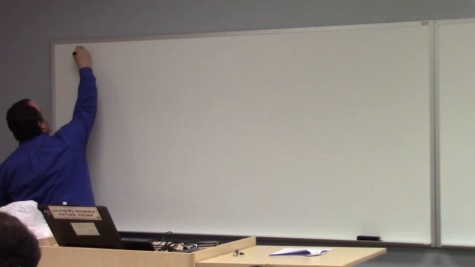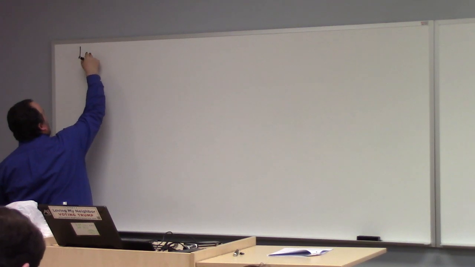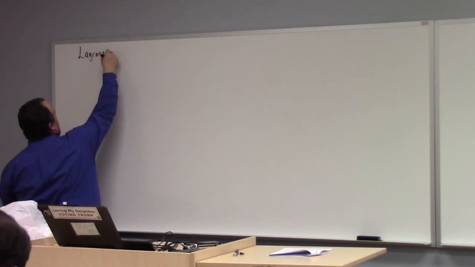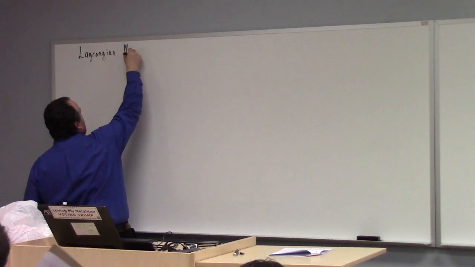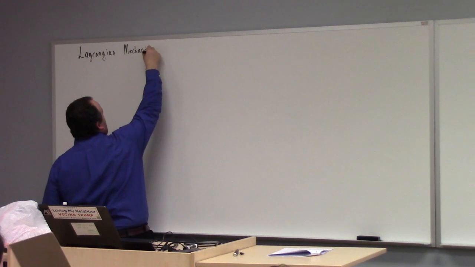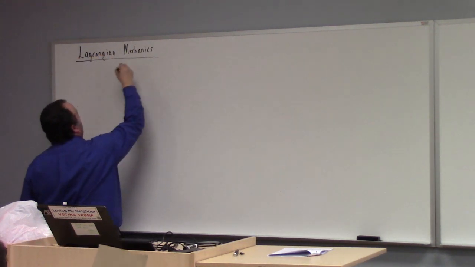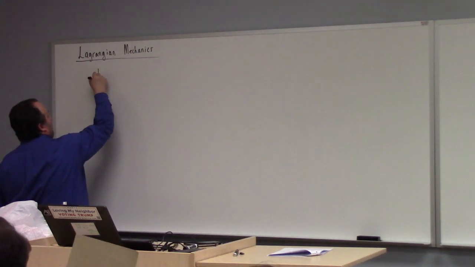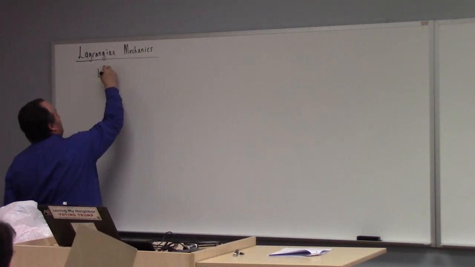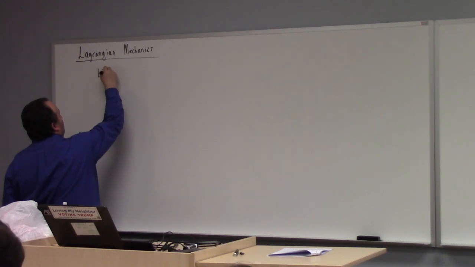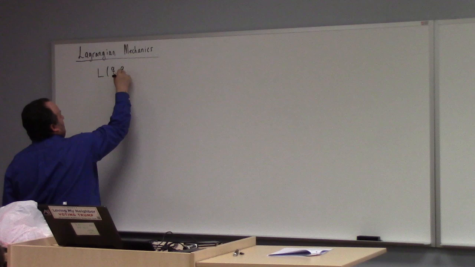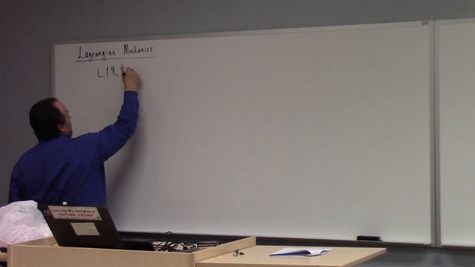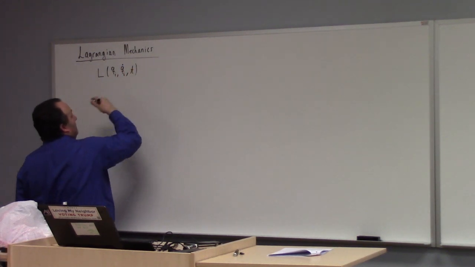So today I want to tell you guys about Lagrangian mechanics. Basically, here's the thing. We define L, which is a function of Q sub i and Q sub i dot, and possibly time t, all right?